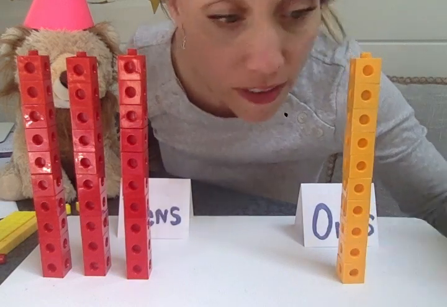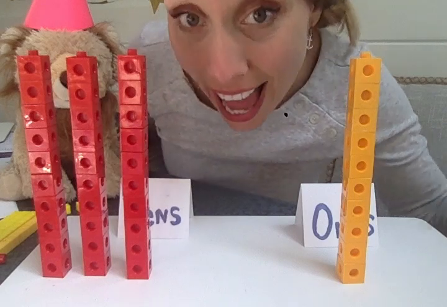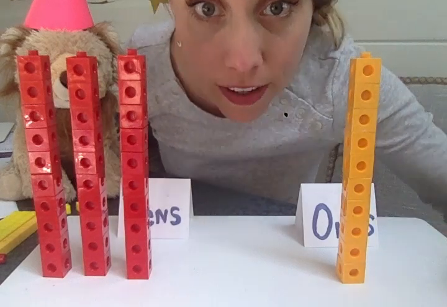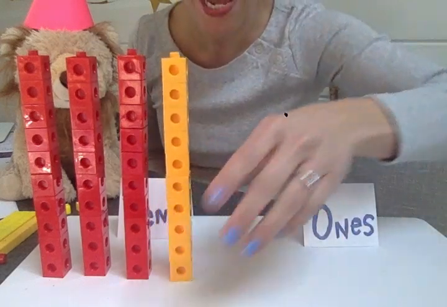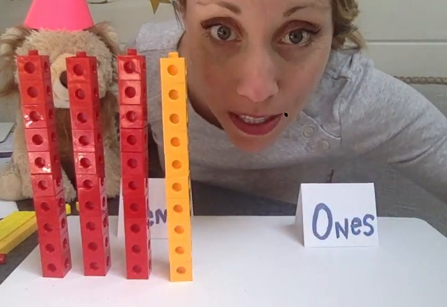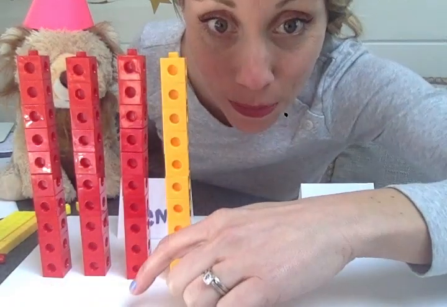The problem I have is that tens aren't allowed to hang out in this party. They have to go over to the tens party. So we need to get him out of here. It was that easy. I just regrouped. I moved a 10 from this group to this group.